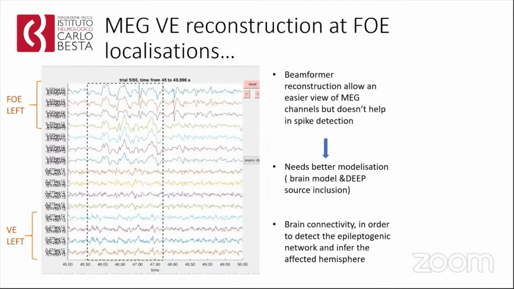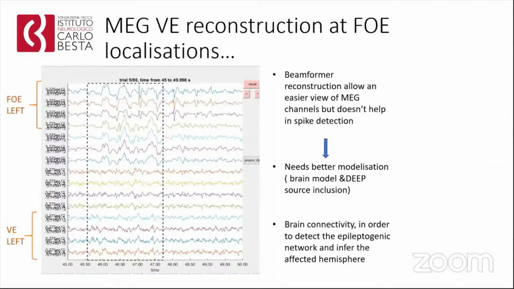So our hypothesis is that you can try a better solution, use the FEM models, use more particular advanced source modelization. But there is probably something more, in clinical use, I'm not talking about mathematical, that will help to define what is the affected hemisphere.